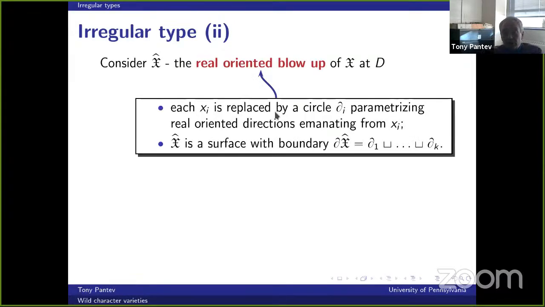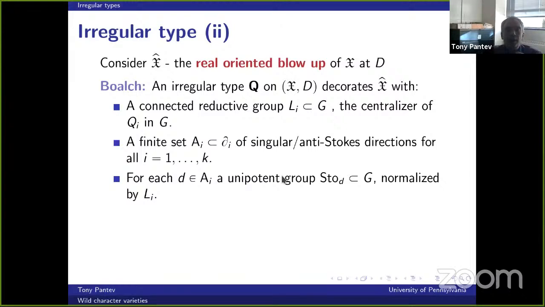And so you're replacing the marked point by a boundary circle di, and it parametrizes the real oriented directions emanating from xi. So as I said, this is a surface with boundary, and there are k boundary components d1 through dk.